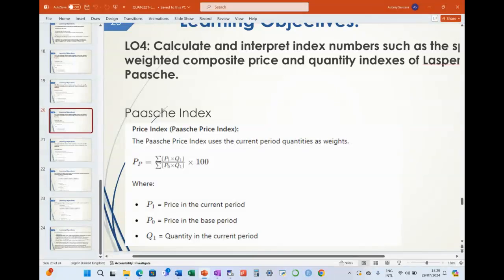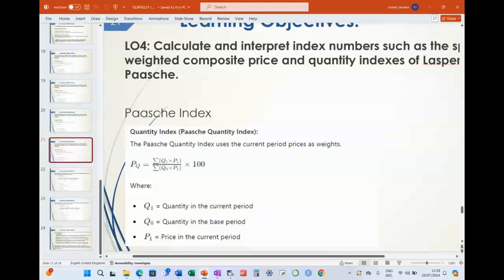So this is number 2. Have we taken? Can I move to the next one? Okay. This is number 3. You taken it? Number 3. Yes.